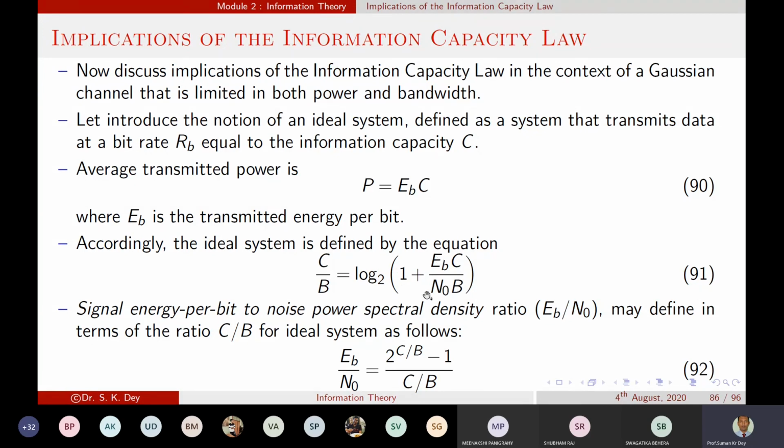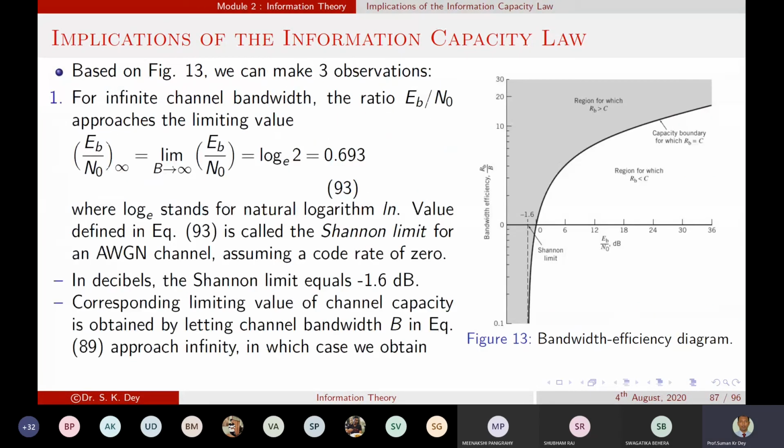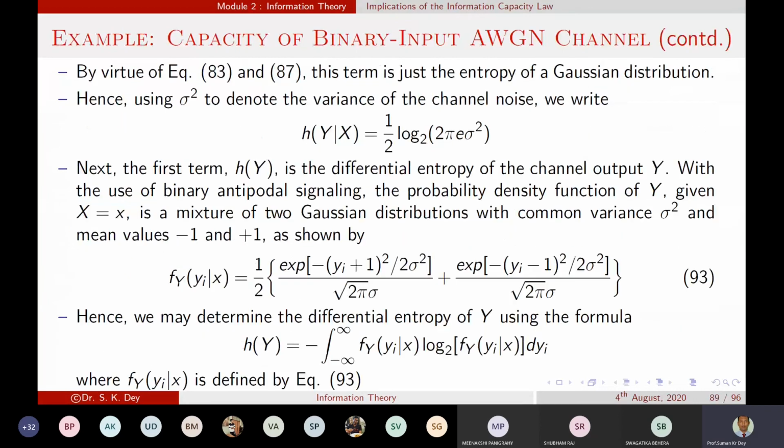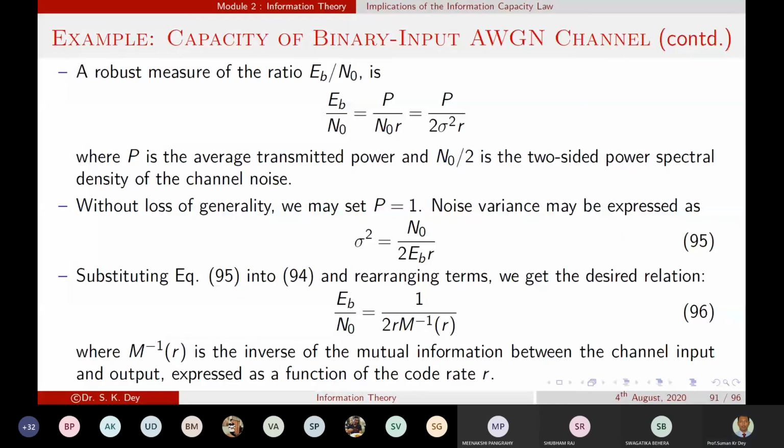Okay, so it will give us the SNR. Anyway, now solve the numerical regarding this.